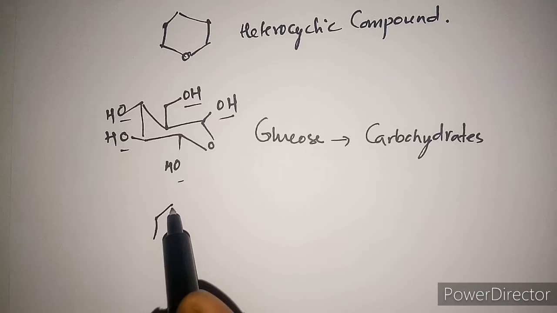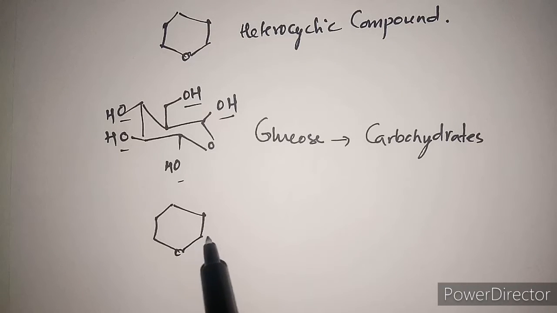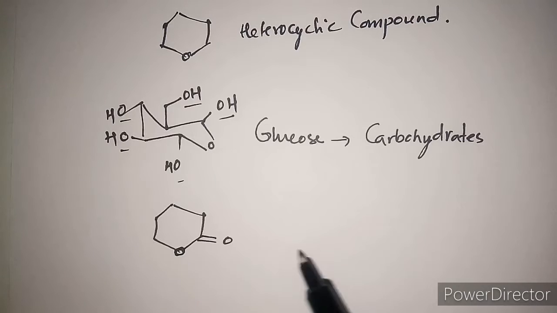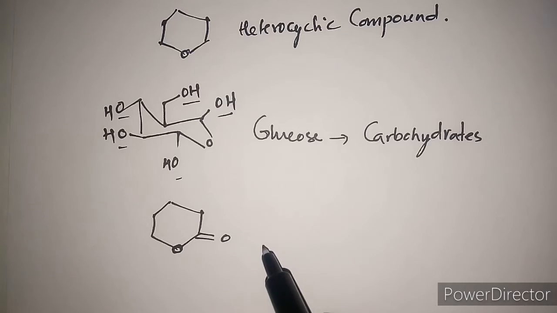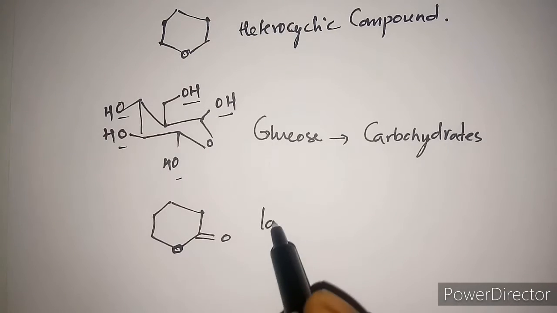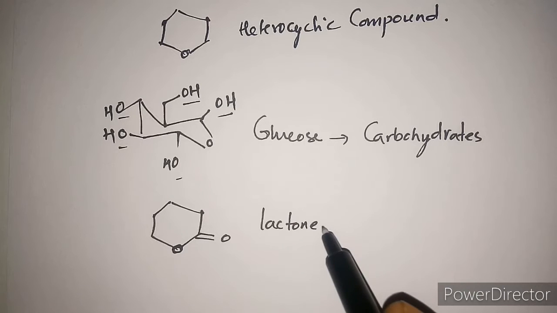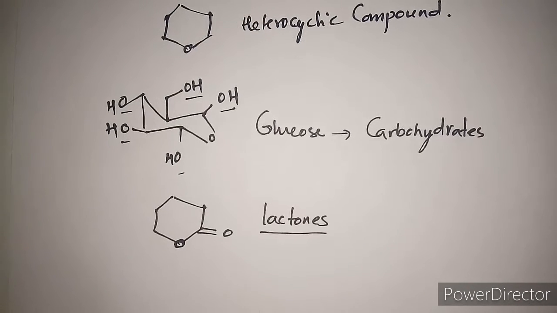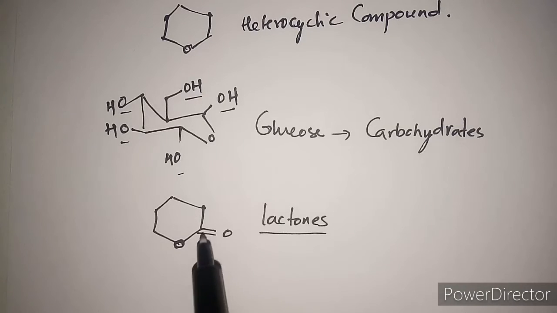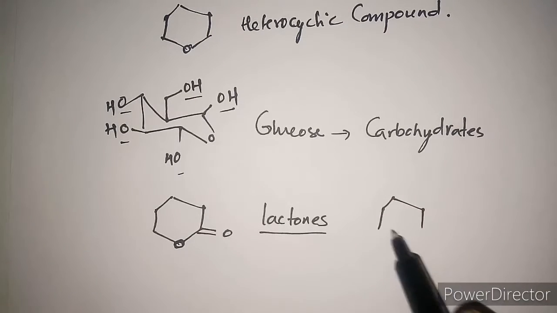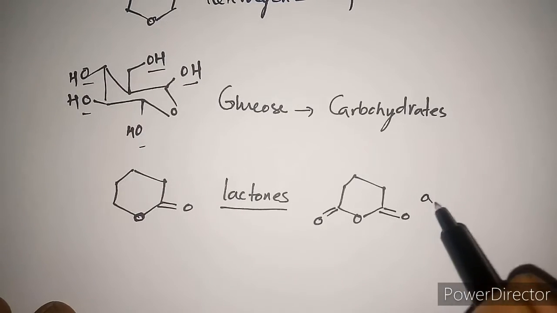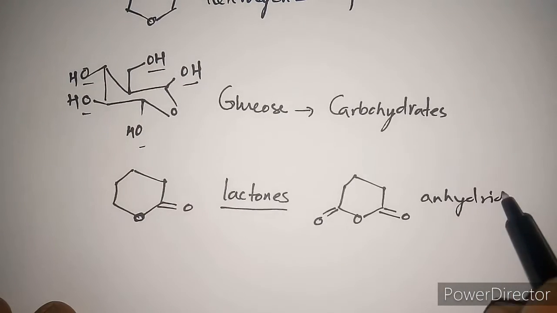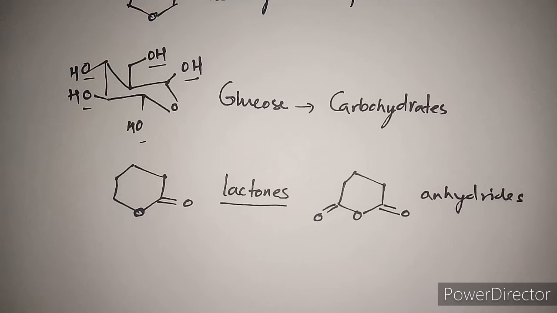Similarly, in another example, one of the ring carbon atoms is replaced with oxygen, but it is not a heterocyclic compound; it is a lactone. Lactones are termed lactones. This one is an anhydride.